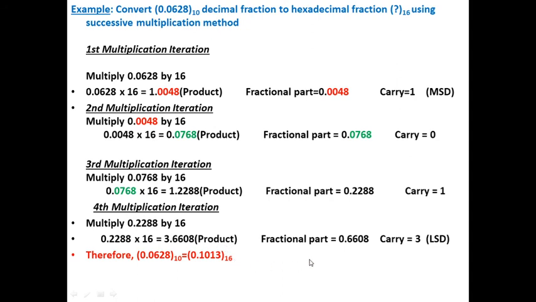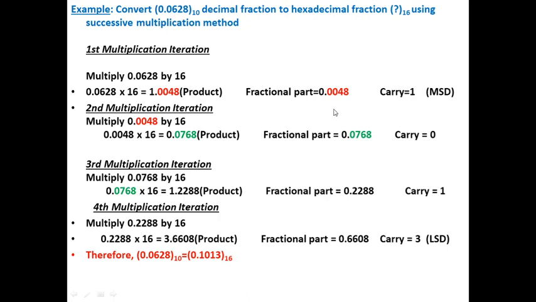Like this you have to continue till you get 0 as the answer. Sometimes you don't get 0. So you can check if the pattern is repeating. What do I mean by pattern is, you will get the same fractional answer again and again. So there is no point in going ahead and multiplying by 16 again and again. At that time you can stop, or at maximum you can do it for 6 to 7 decimal places.